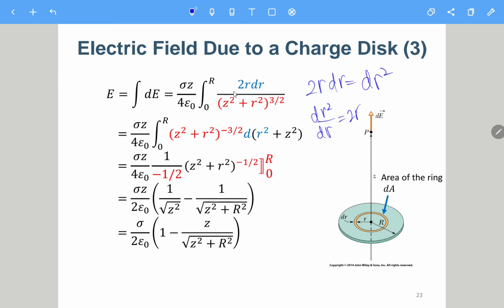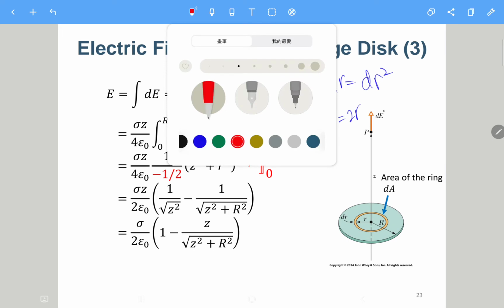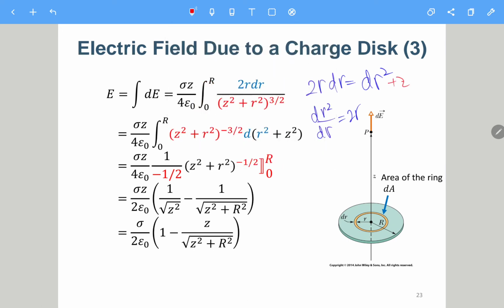So z square is nothing but a constant, so we can just put the z square here, because if we just take the derivative of a constant, then it will be 0. So we just put it there.